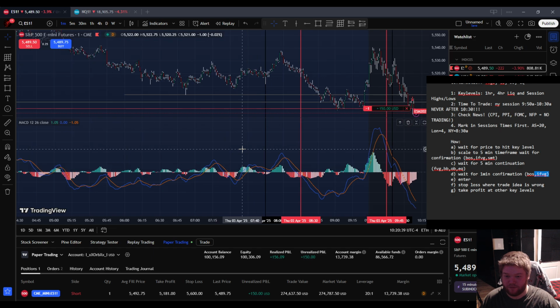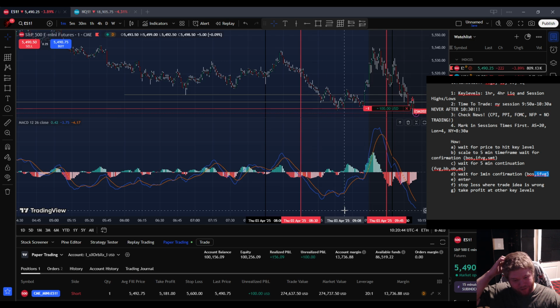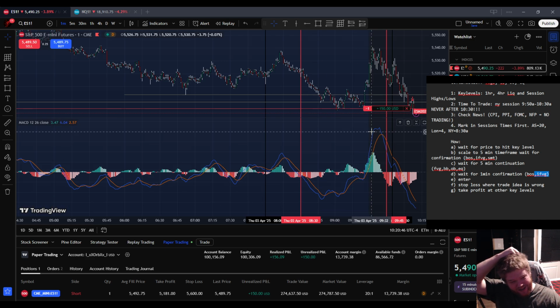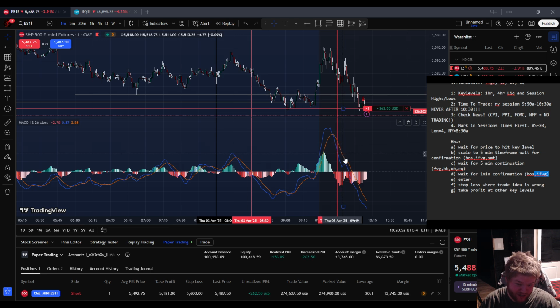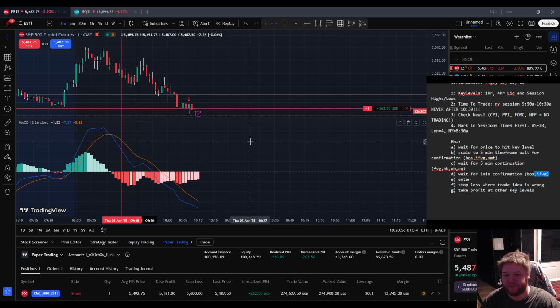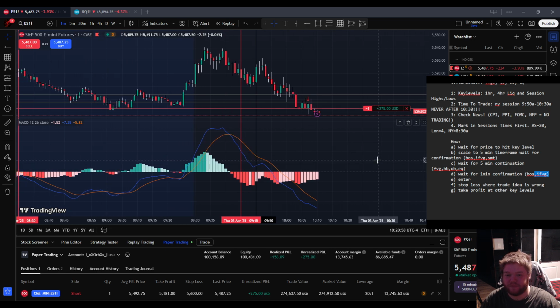It literally looks like someone dropped a rock, and we're seeing the aftermath of it going up, and then someone really let loose, and there's a huge drop in price right there.